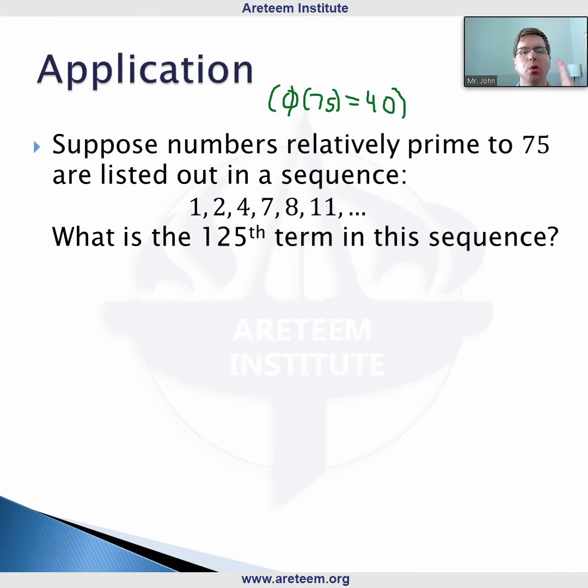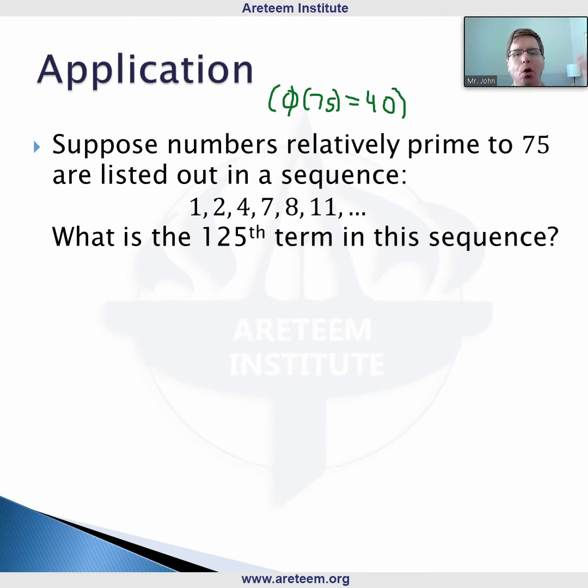So suppose numbers relatively prime to 75 are listed out in a sequence. Now, remember, phi of n doesn't count all the relatively prime numbers because that's impossible, right? Going above 75, we still have relatively prime numbers. So we have an infinite sequence here.